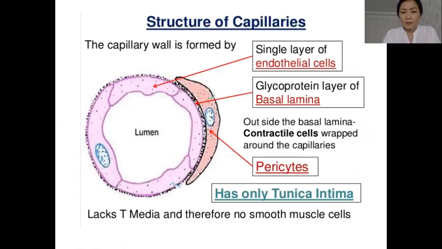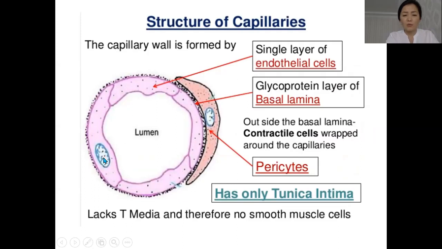Structure of capillary. This is a cross section of one capillary. We can see that the wall of the capillary has only tunica intima. Tunica media and tunica adventitia are absent, only tunica intima is present with endothelial cells.